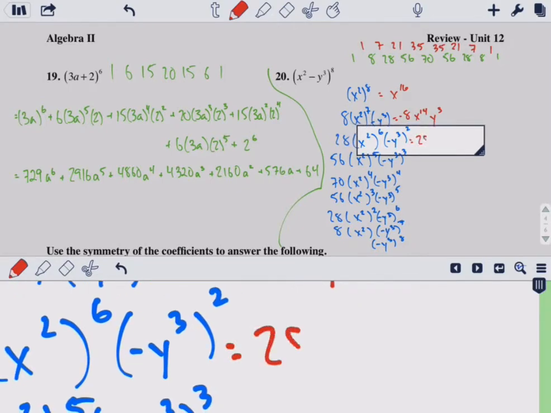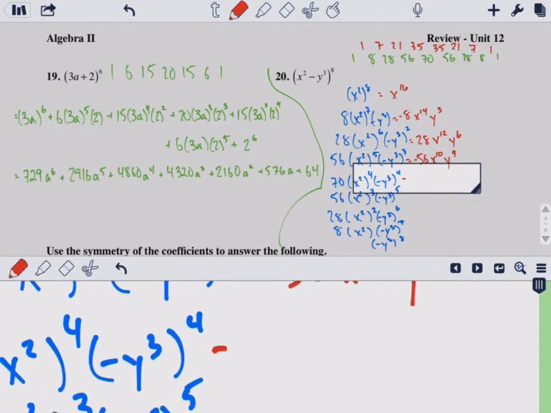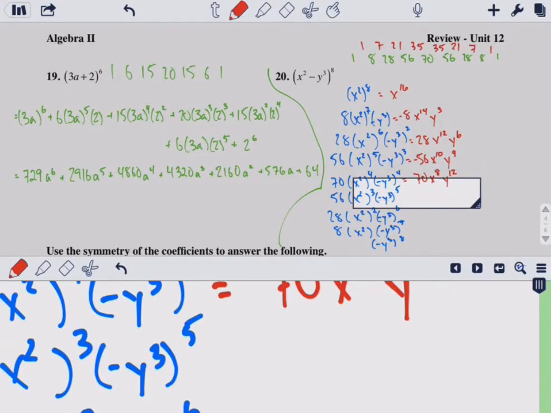This is 28x to the 12th, y to the 6th, positive. 56x to the 10th, negative y to the 9th. 70x to the 8th, y to the 12th.